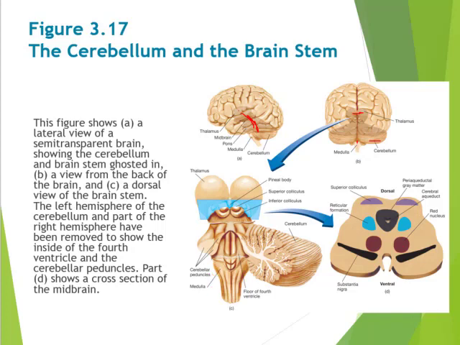So you can see in figure C the dorsal view of the brain stem, that allows you to take a closer look at parts labeled, such as the thalamus, right?